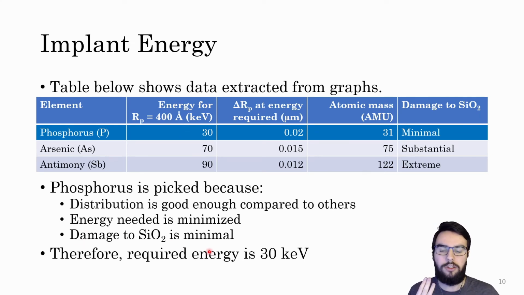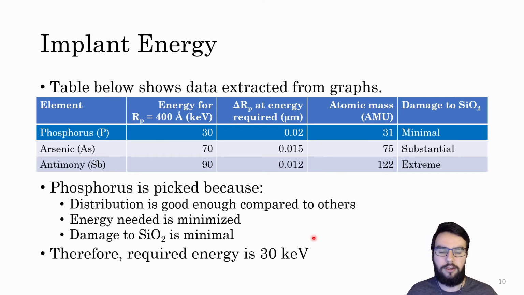And third, the damage to the silicon dioxide is minimal, because the atomic mass is so small compared to the other two species. We'll be doing the least damage to the silicon dioxide. So we're choosing phosphorus, which means we're going to need 30 kiloelectron volts to get to 40 nanometers into the substrate, which is just at the interface.